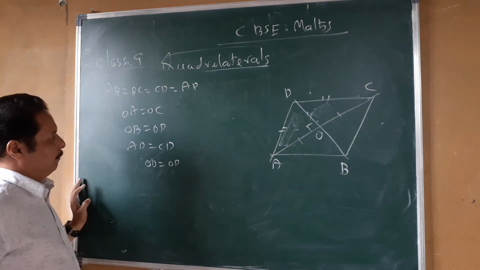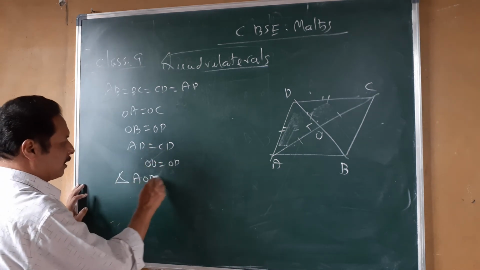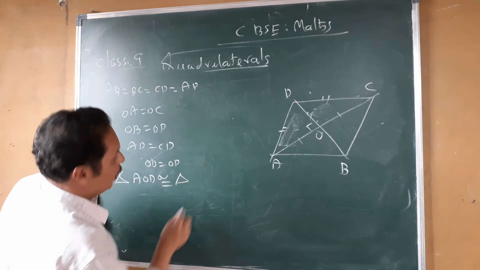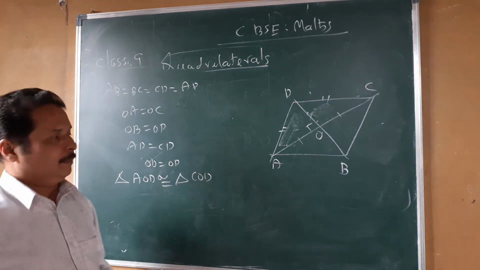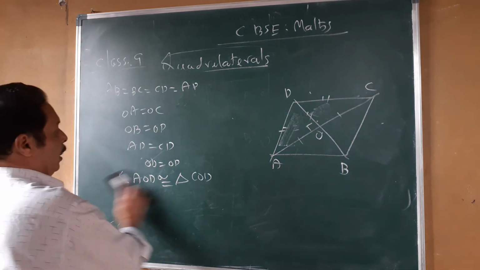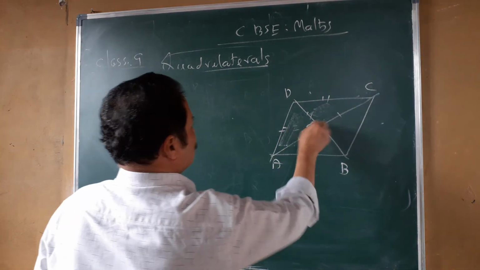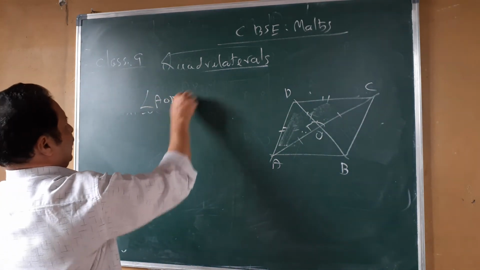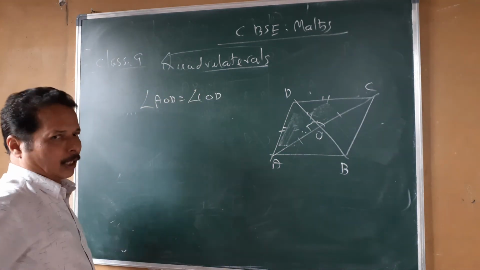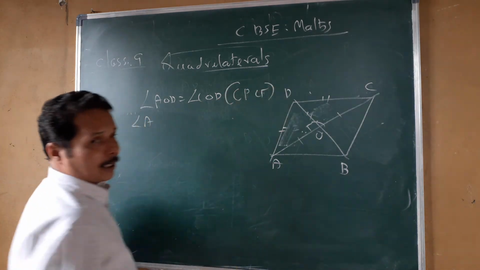So, side, side, side. By SSS congruency, triangle AOD is congruent to triangle COD. If the triangles are congruent, the corresponding angles are equal. Angle AOD equals angle COD, by corresponding parts of congruent triangles, CPCT.